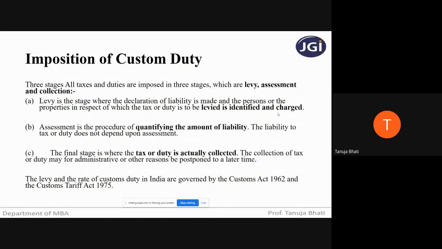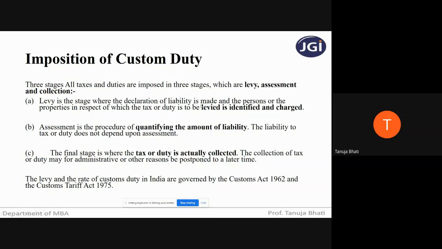In levy, the goods that you are bringing into India or exporting outside India are identified, the tax applicable on the goods is identified and charged, and a declaration of liability is made.